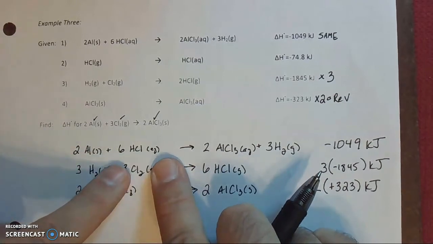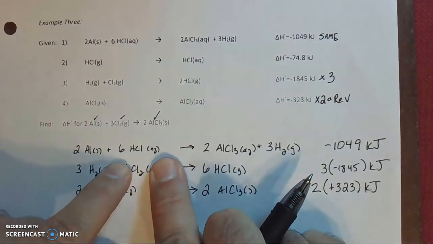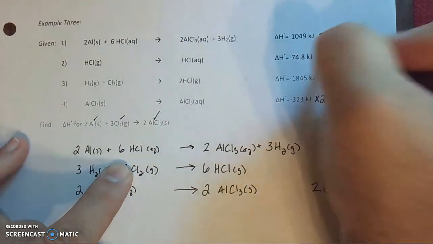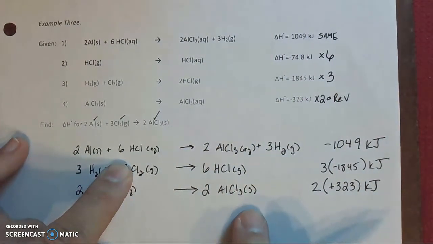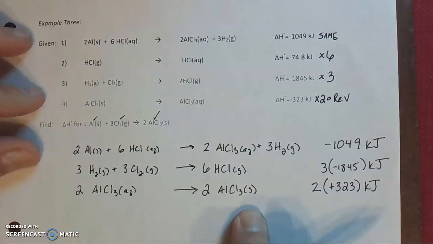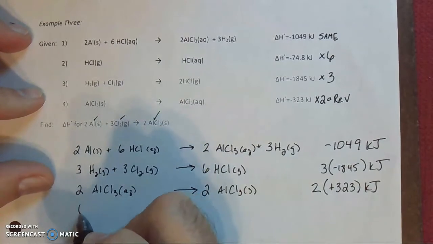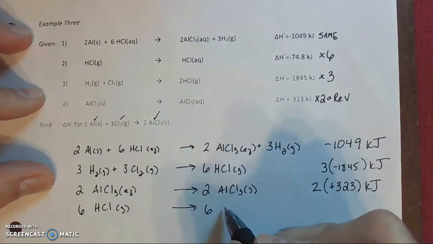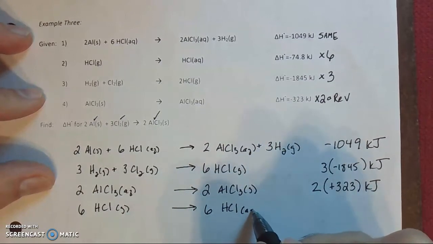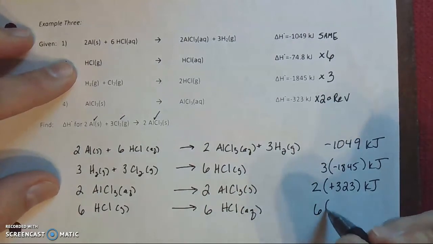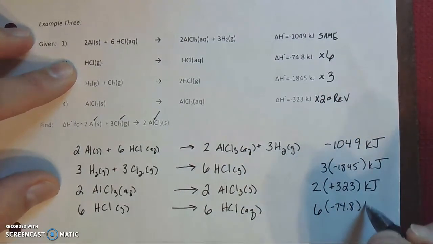So we need to get rid of 6 HCl aqueous, so we're going to have to multiply this reaction by 6, so we can have 6 aqueous on this side and 6 gaseous on this side, so they cancel out. So 6 HCl gas yields 6 HCl aq. And that means that we'd have to take 6 times negative 74.8 kilojoules.